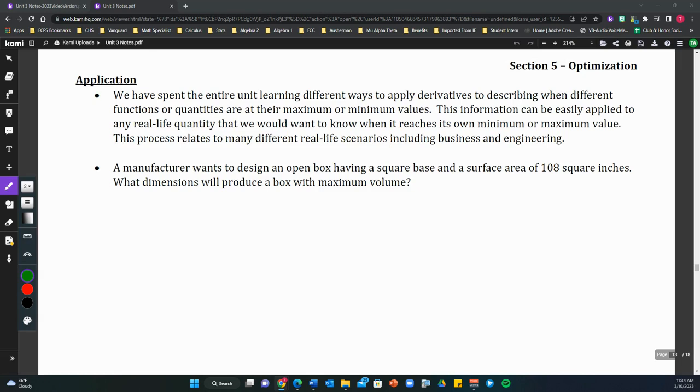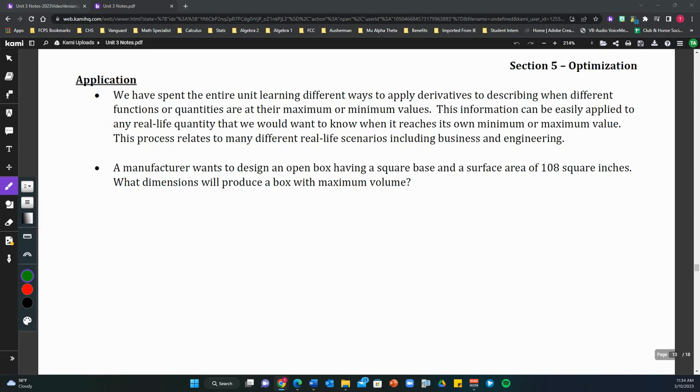If you think about Amazon, they want to optimize the time, money, and resources spent on delivering packages. That means driver routes: you want to optimize or minimize the distance, time, and fuel spent driving those routes so that they can maximize their profits. There are all different kinds of scenarios where this process of optimization can be used.